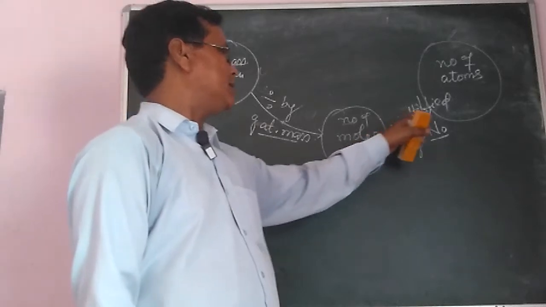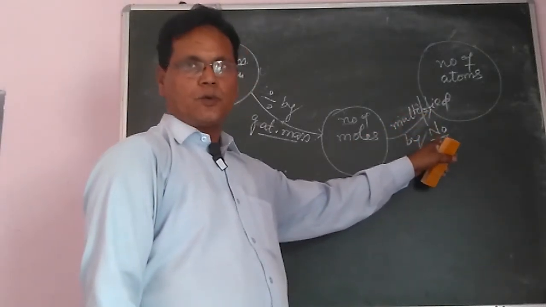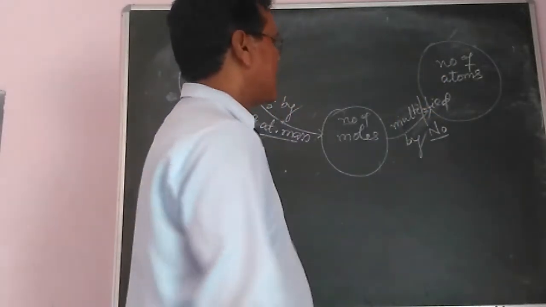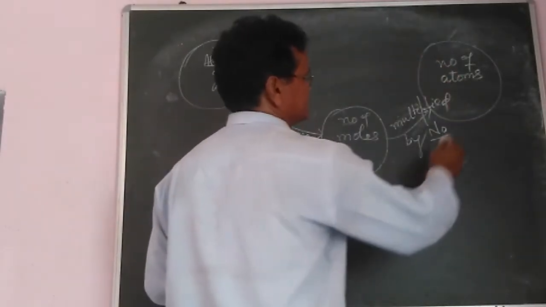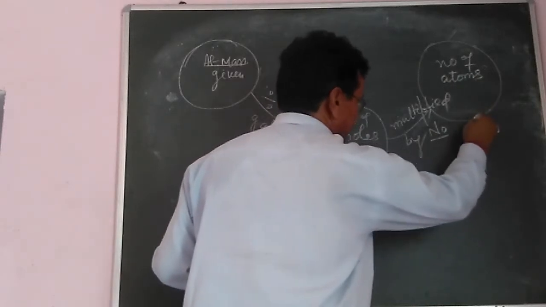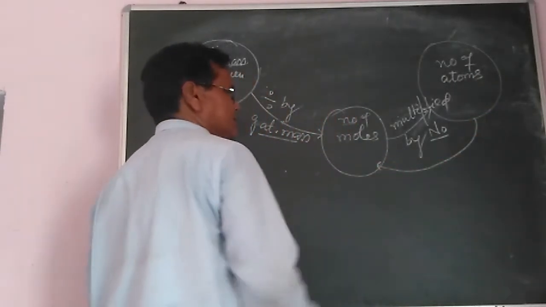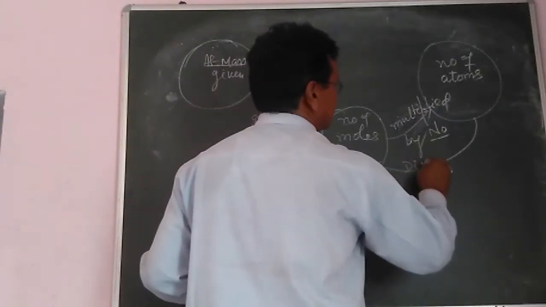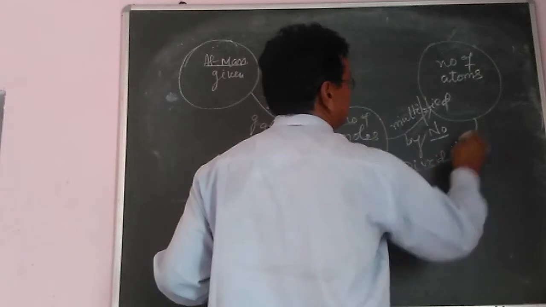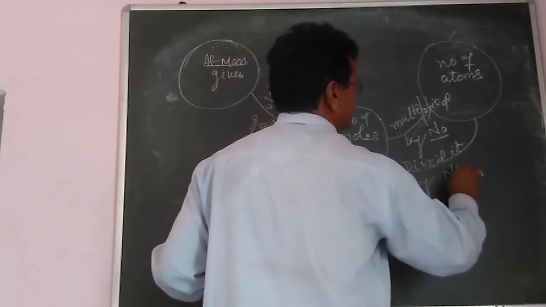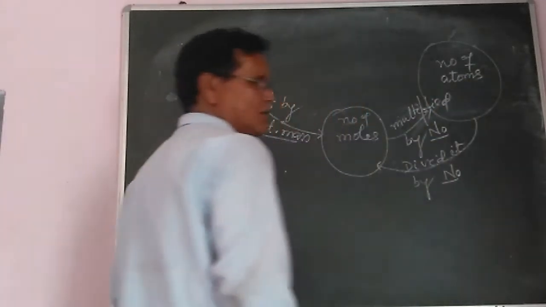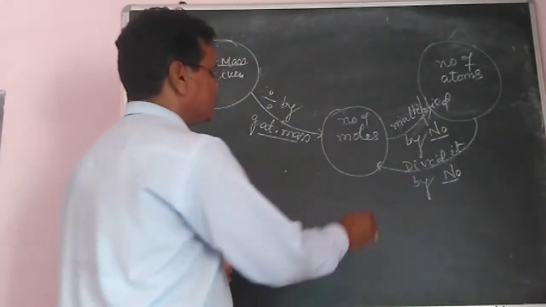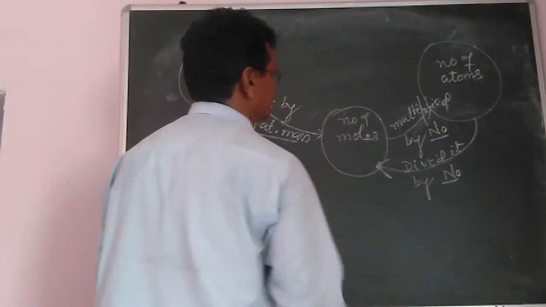You will get the number of atoms. Just reverse: if the number of atoms is given and you are asked to find the number of moles, you have to divide it by N0. Then you will get the number of moles.